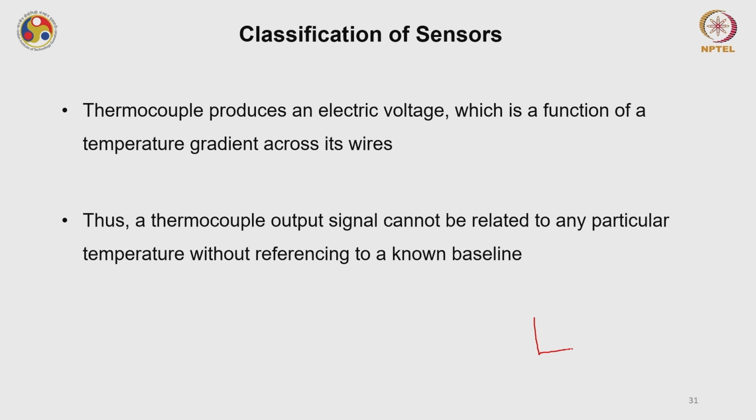So I have a cell in which I have some gas molecules. I have an infrared source, and I have two infrared detectors over here. One is to detect the reference and another is for detection of the active signal.